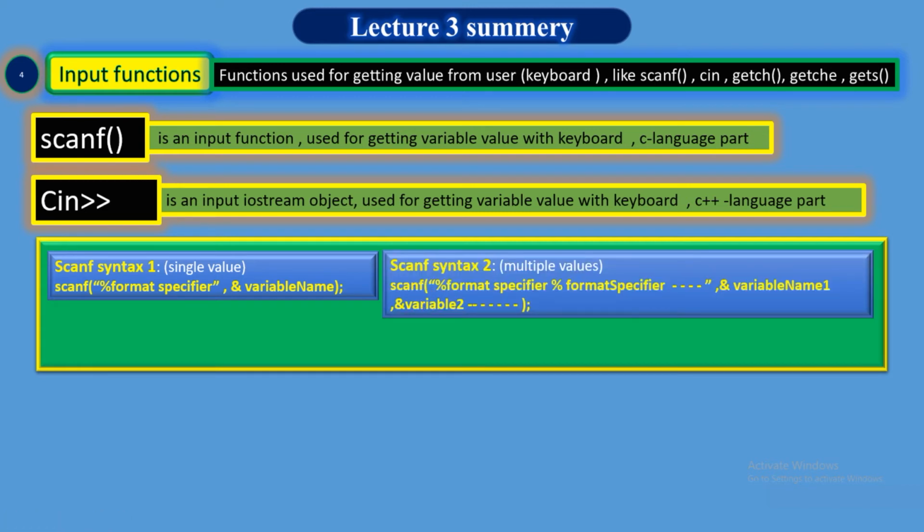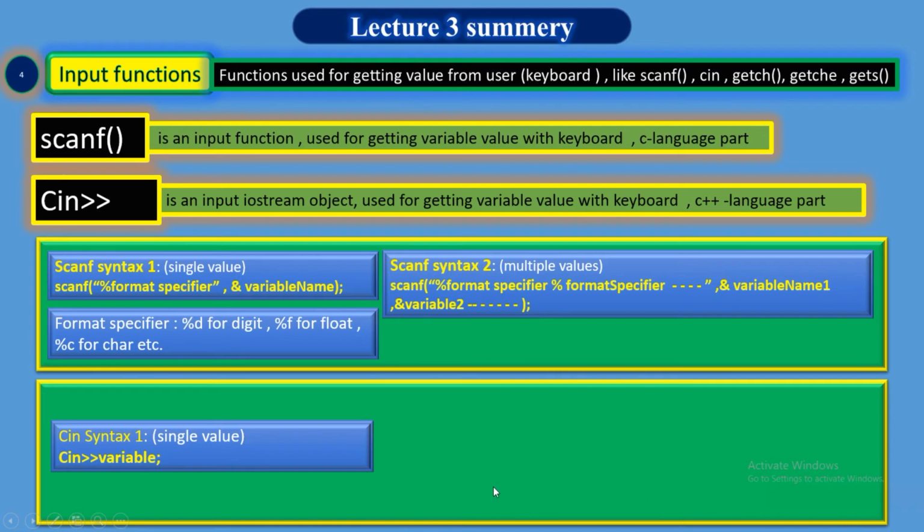And if we want to get multiple values, then the syntax is scanf, bracket start, in double quotation first format specifier, then next format specifier, and so on, double quotation close, comma, first variable name, comma, and second variable name, and so on. Format specifiers are %d for digit or integer, %f for float, and so on.